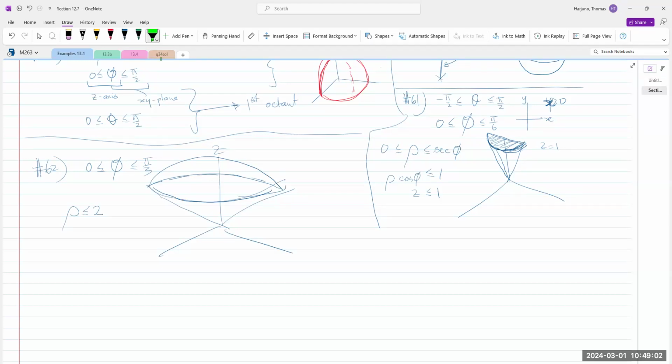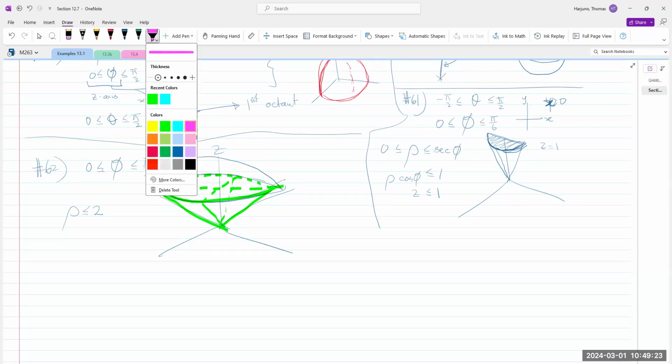So let me try to sketch that. This is the intersection between the sphere and the cone. It's bounded below by that cone and bounded above by a sphere.